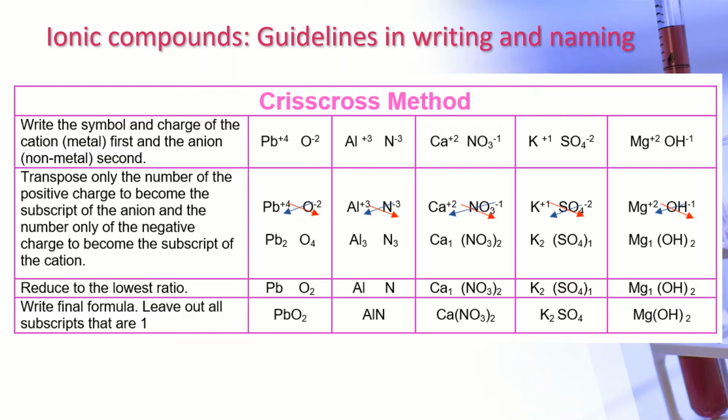Let us go to the guidelines in writing and naming ionic compounds using the crisscross method. For the first example, lead and oxygen, the charges are written as superscript: Pb +4 and O -2.